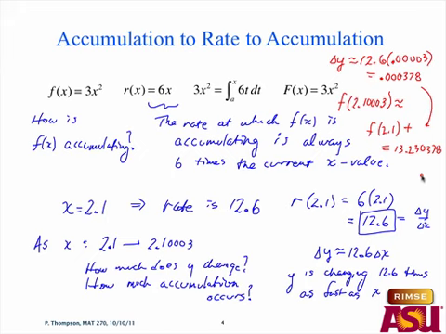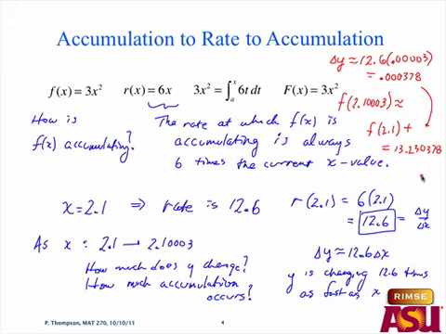Okay, this is a really important exercise because it's making sense of it. Rather than just, oh, we got an accumulation function 3x squared, we got its rate function. So what is that rate? All these things I'm asking you, I'm really seeing if you understand what that rate function means and does. Really important. So it means that y is changing, or the accumulation is occurring, 12.6 times as fast as x increases.